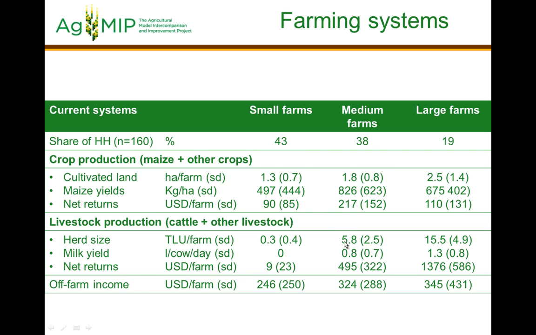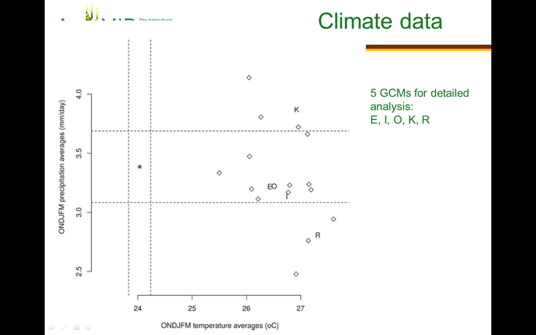The medium farms have about 6 tropical livestock units per farm, and the large farms have up to, let's say, 16 tropical livestock units per farm on average. And so they also have corresponding land areas, going from smaller to larger areas.